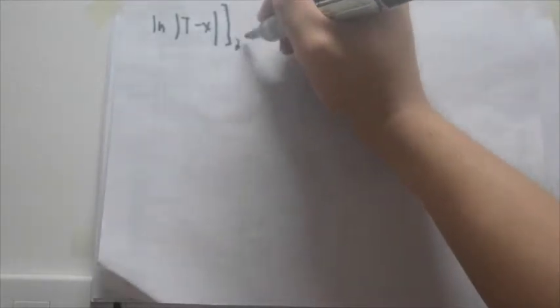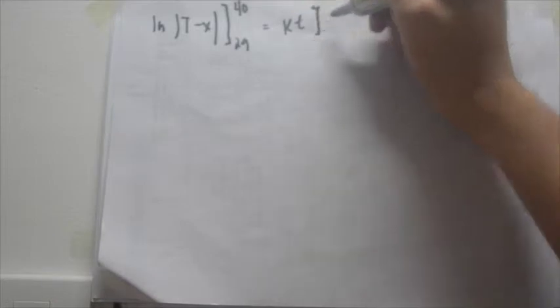Putting it there, it will be ln of T minus x from 29 to 40 degrees Celsius is equal to kt, where t goes from 5 to 10.